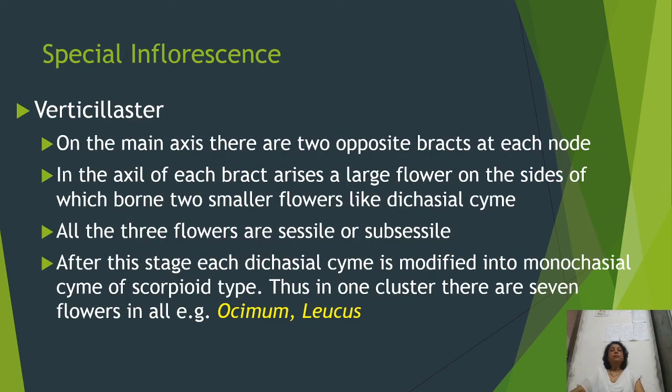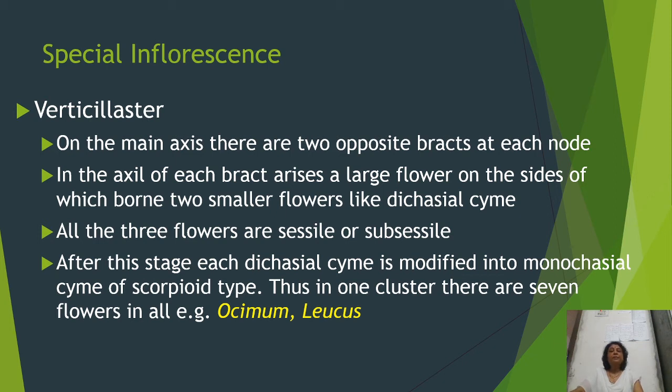Then, the verticillaster type of inflorescence. On the main axis, there are 2 opposite bracts at each node. In the axil of each bract, there arises a large flower on the sides of which are borne 2 smaller flowers, like a dichasial cyme.